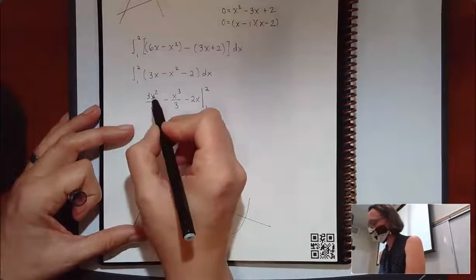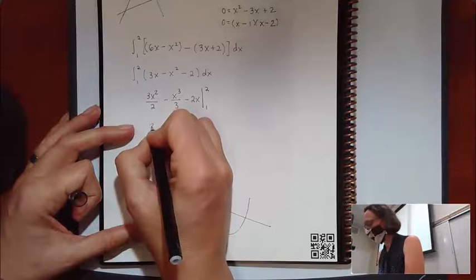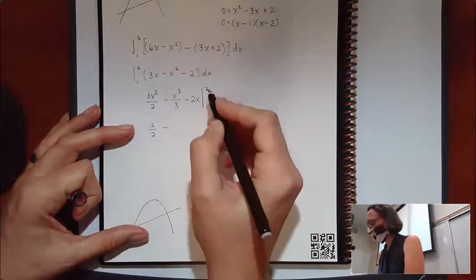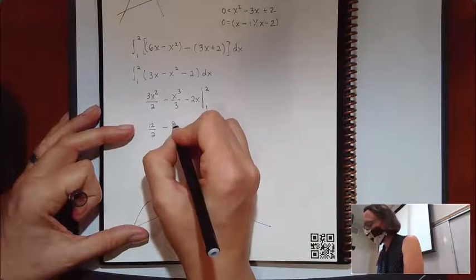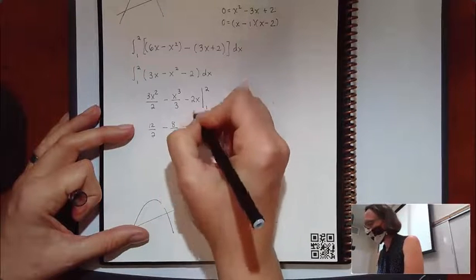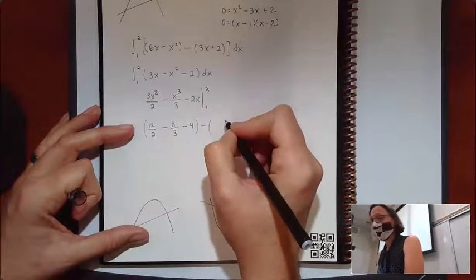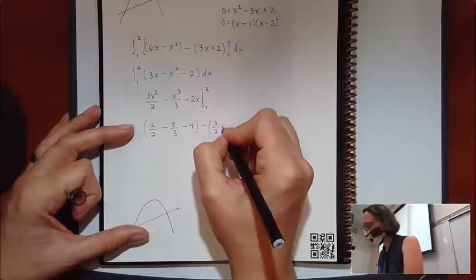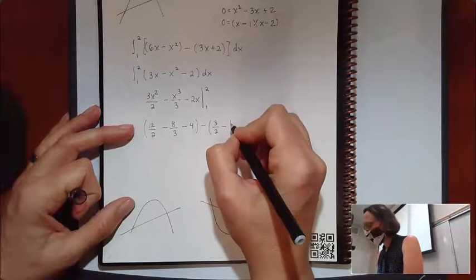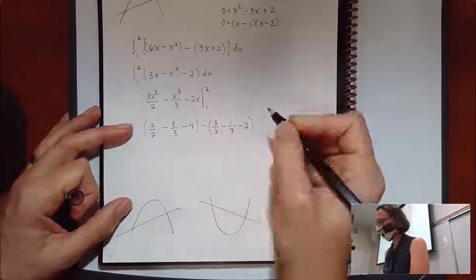So if I plug in 2, 2 squared is 4, 3 times 4, I get 12 over 2. 2 cubed is going to give me 8, so I'll have 8 over 3. And then 2 times 2 is 4. When I plug in the 1, I'm going to end up with 3 over 2 minus 1 over 3 minus 2.